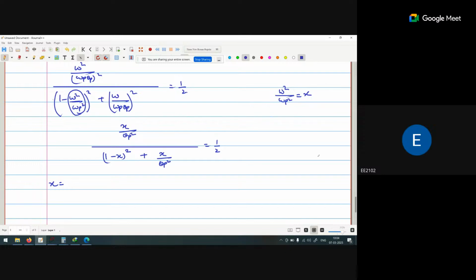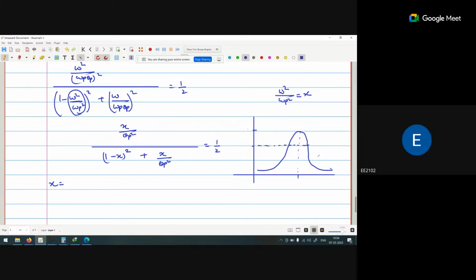Now why are we getting two frequencies? Because it is a band pass filter. The response of a band pass filter is like this, and this is the maximum magnitude.